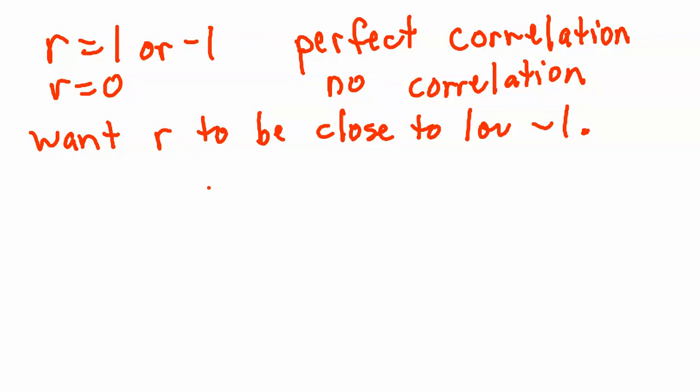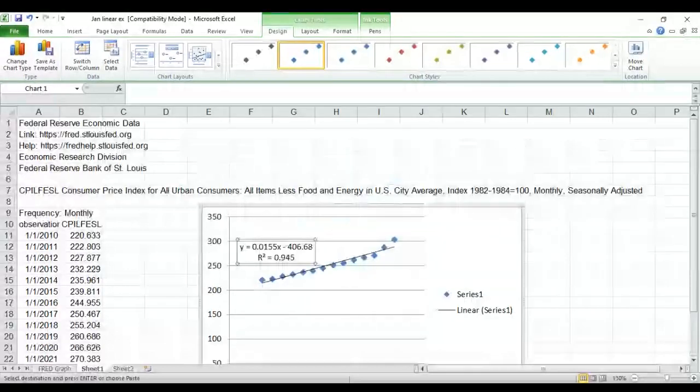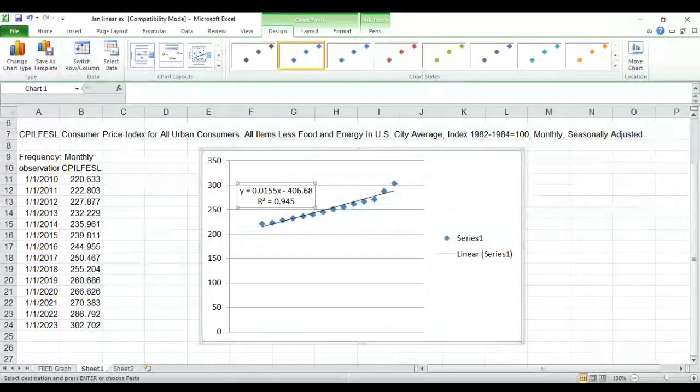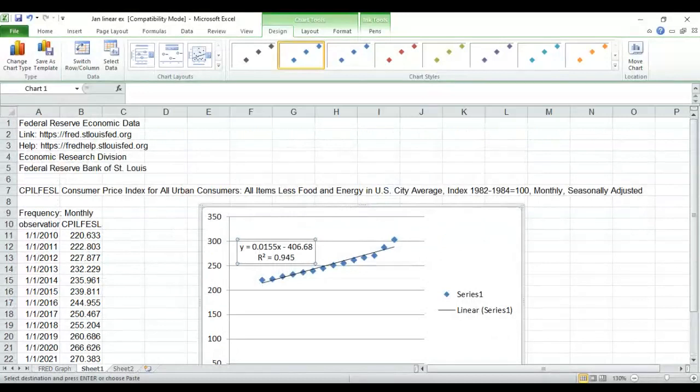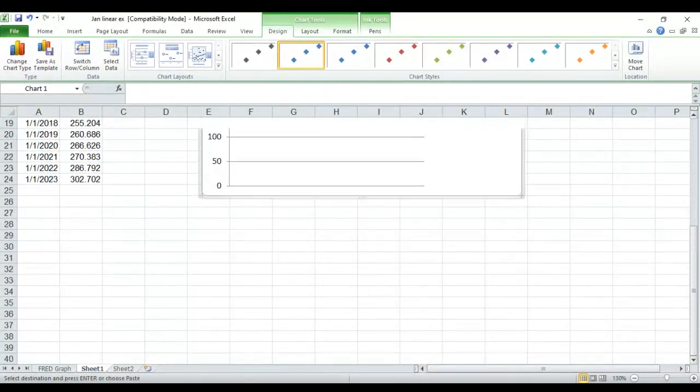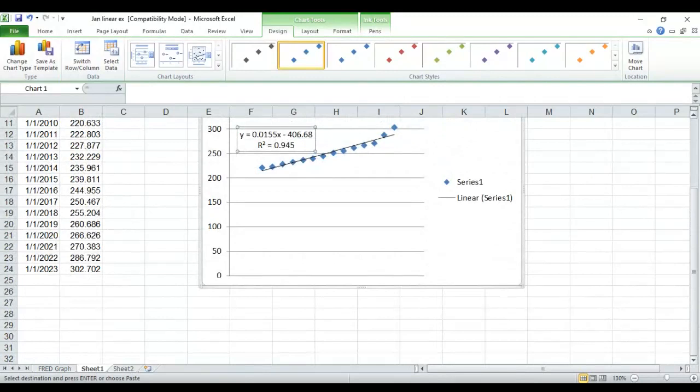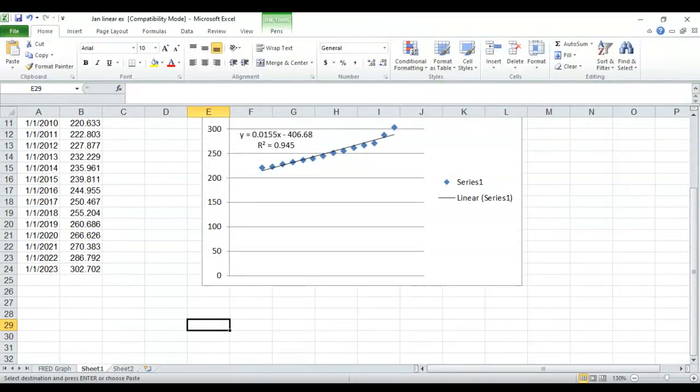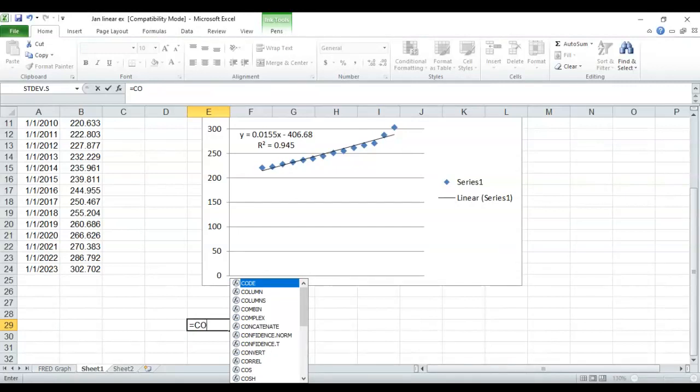So in our example, let's go back to Excel. I want to find little r. There's two ways I could do it: take the square root or find the correlation coefficient. So we do equals, and the command is C-O-R-R-E-L, correlation.